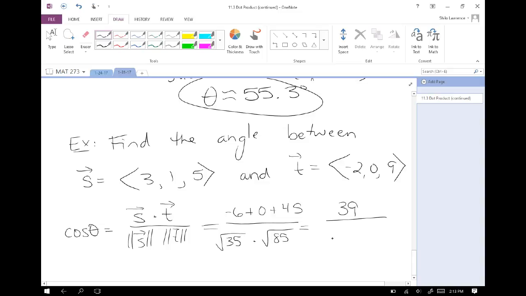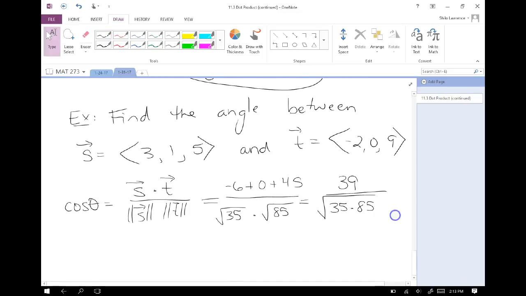Since they're both under a square root, and this will help you type it into the calculator more easily, they really can come together under one square root. That way you're not having to type the extra set of parentheses for the operation in the bottom. So when I type this in the calculator, I'm going to say cosine inverse of 39 divided by square root of 35 times 85.